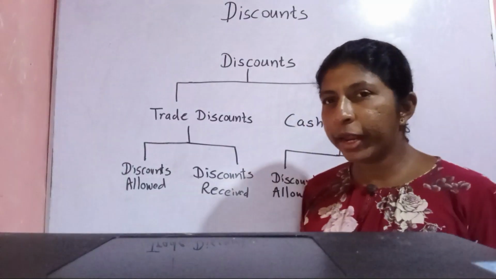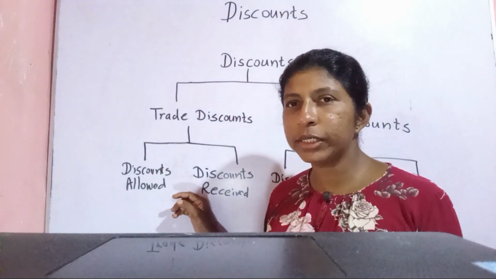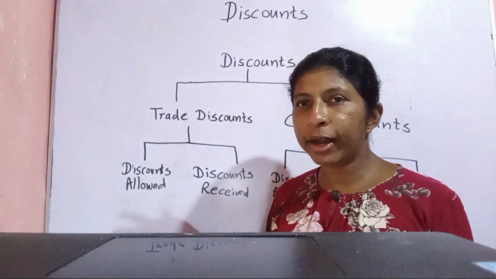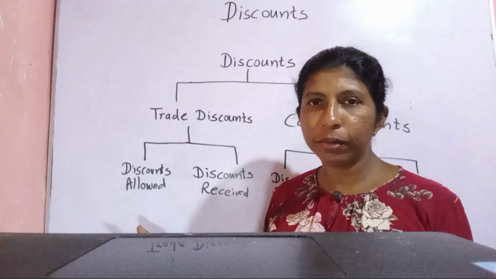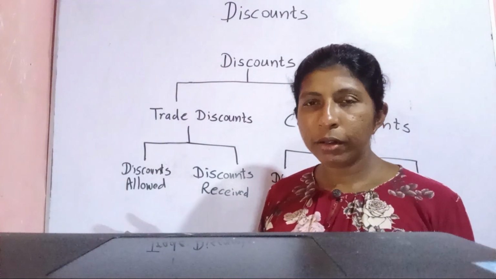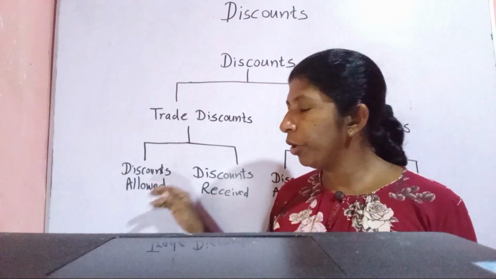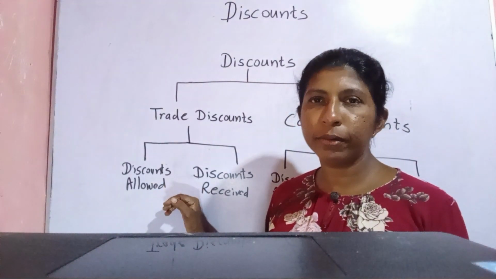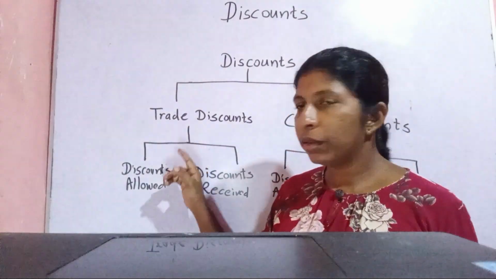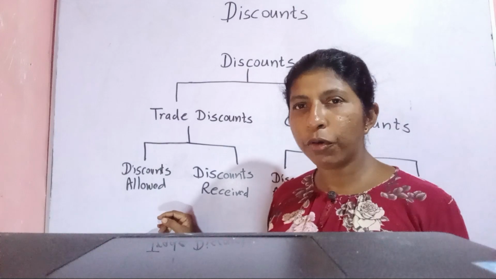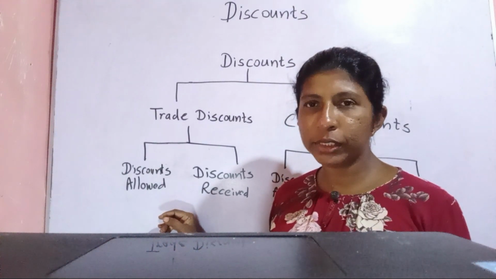Always, if we get the invoice or bill of these transactions, these trade discounts are already deducted from the prices of goods. Therefore, normally we will record the amount after deductions. So there is no need to make records for trade discounts in accounts.